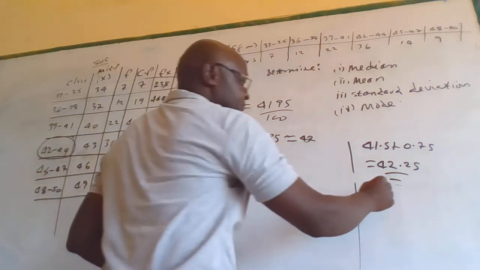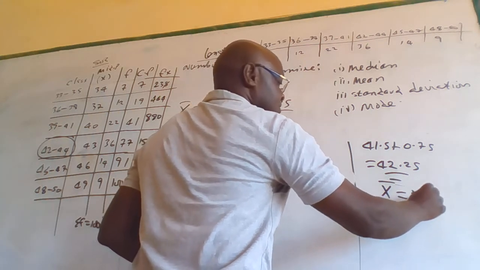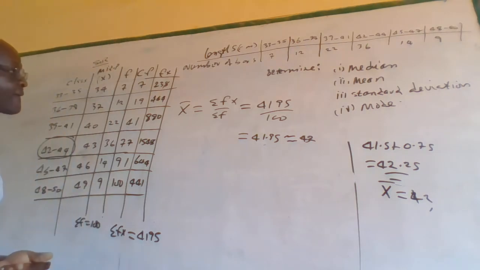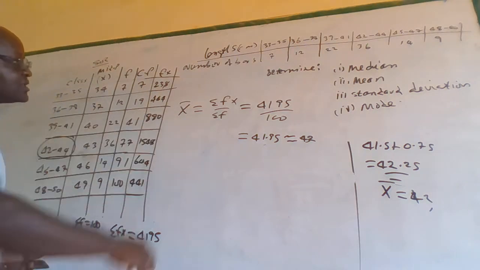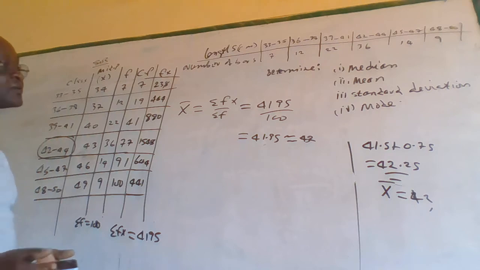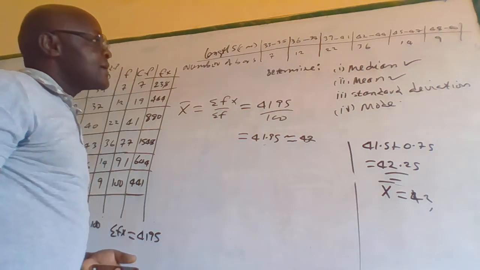So our mean approximately equals 42. So that is our mean. It's given by summation of f of x over summation of f. So we have gotten this and then that.